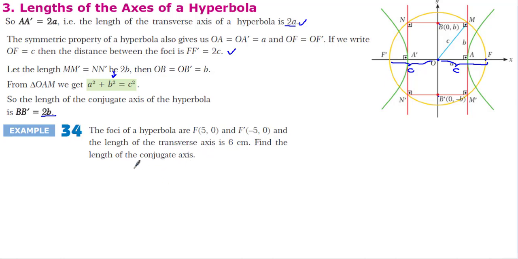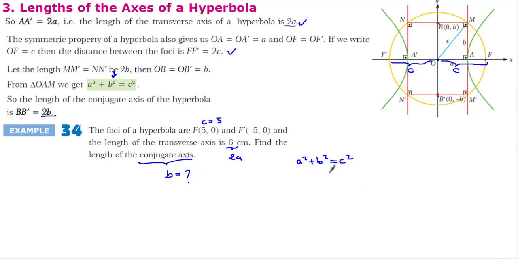So we are finding the length of b. It's a very simple question, because we understand that the c value is equal to 5, and the transverse axis 2a is equal to 6. So I'm going to use the formula a squared plus b squared is equal to c squared, and find the value of b.